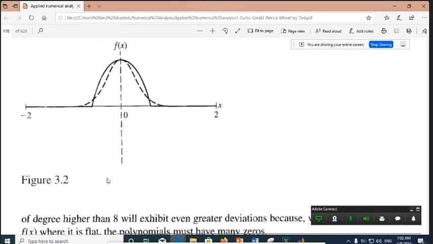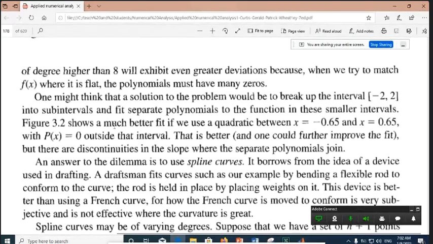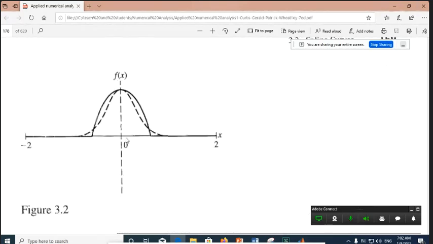Figure 3.2 shows a much better fit if we use a quadratic between these two x values, with p(x) = 0 outside the interval. In this case, we divided this interval into 3 subintervals.